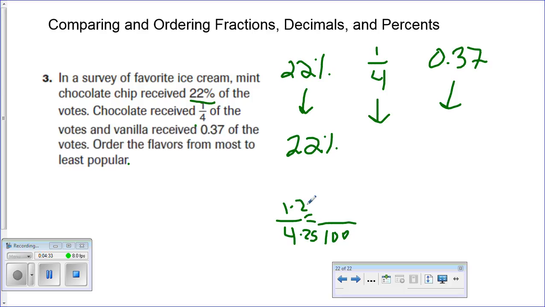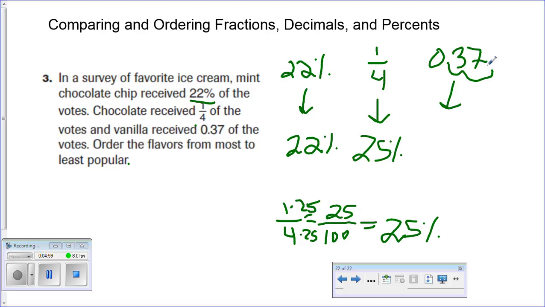So 1 times 25 gives me 25. 25 hundredths is equivalent to 25%. Okay, so 22% like mint chocolate chip, 25% like chocolate, and if I'm going to convert a decimal to a percent, we've learned that we just move the decimal place 2 places to the right, 37%.